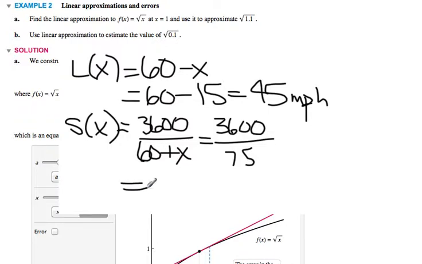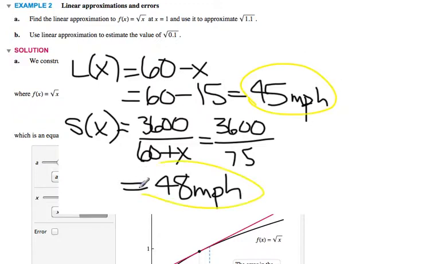And 3,600 divided by 75 is 48 miles per hour. So we can see that the two formulas give a discrepancy of 3 miles per hour. The reason for this difference is because we started at 60 and 75 is now far enough away from 60 that we're getting that discrepancy.